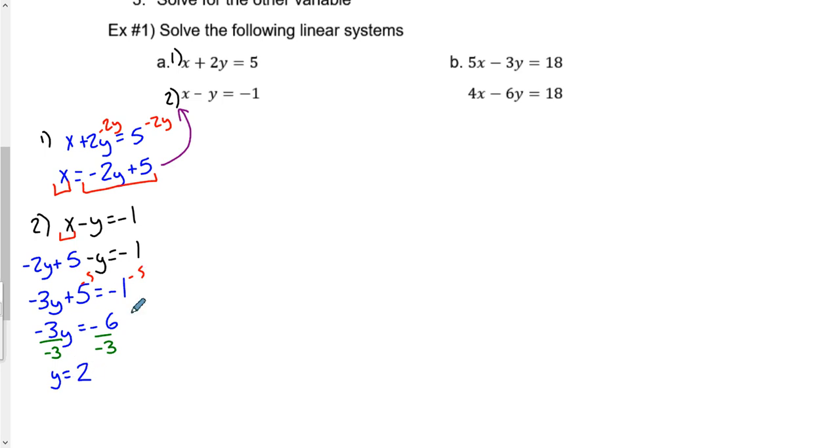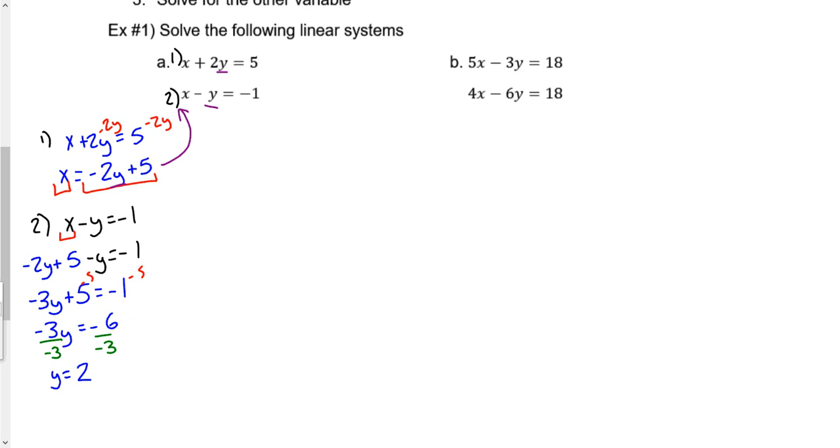I could plug this 2 into this y, but at the same time, it makes almost more sense to plug it into this y. The reason I like using this one is because it already has the x all solved for. X equals negative 2 times your y at 5.